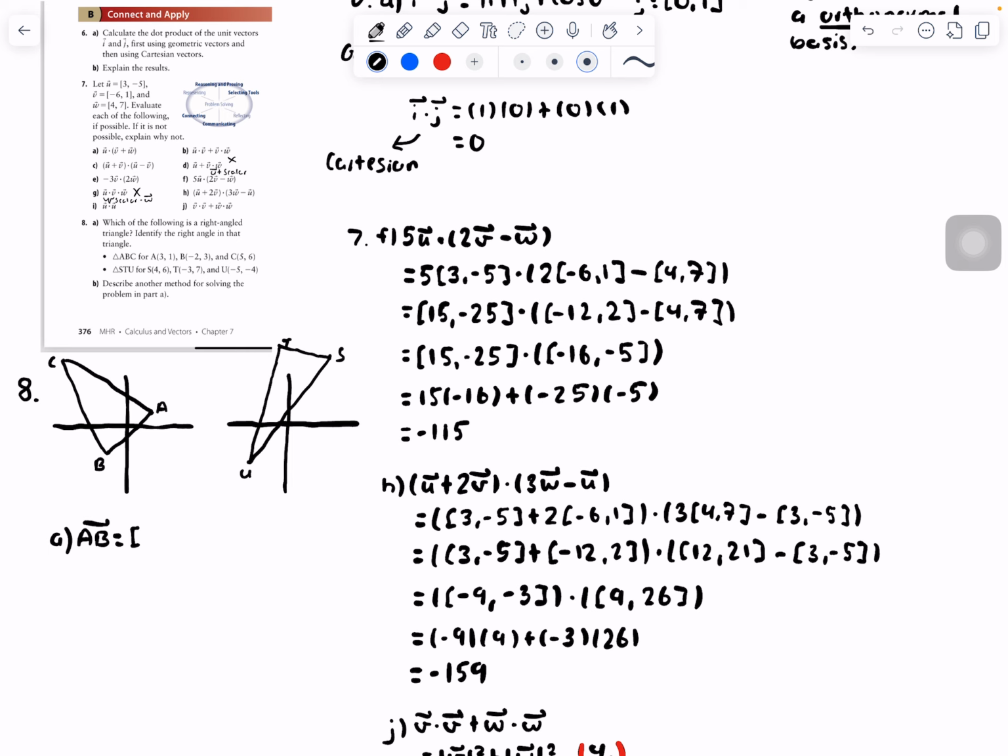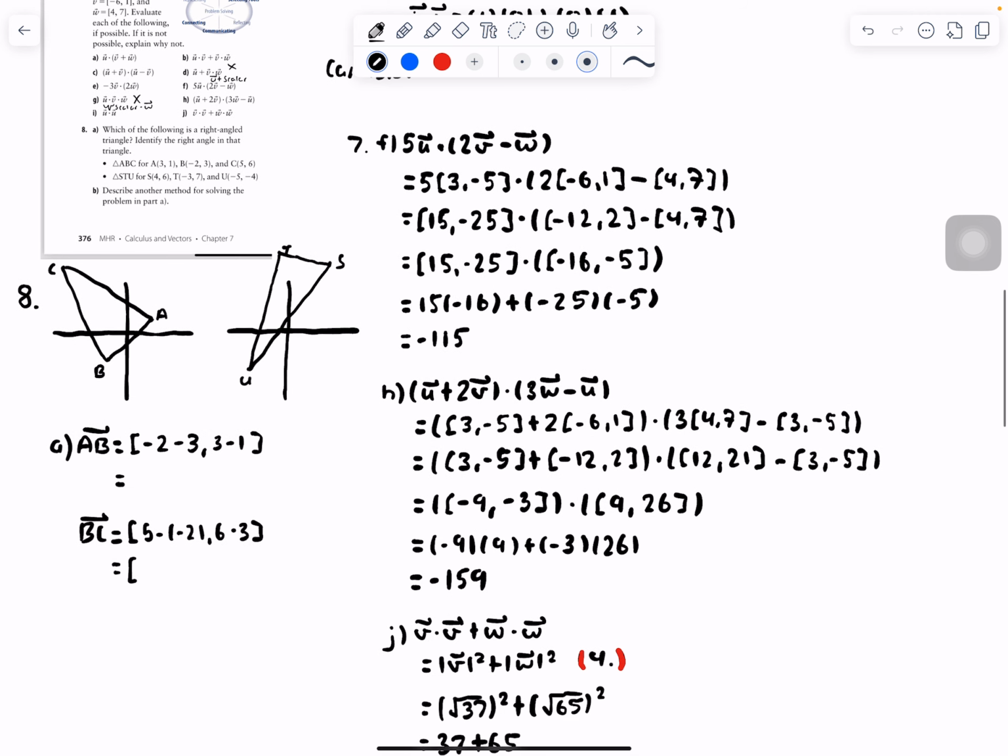AB would be negative 2 minus 3, and then 3 minus 1. Do that in a bit. BC, we have 5 minus negative 2, and then 6 minus 3. And then we have side length CA.